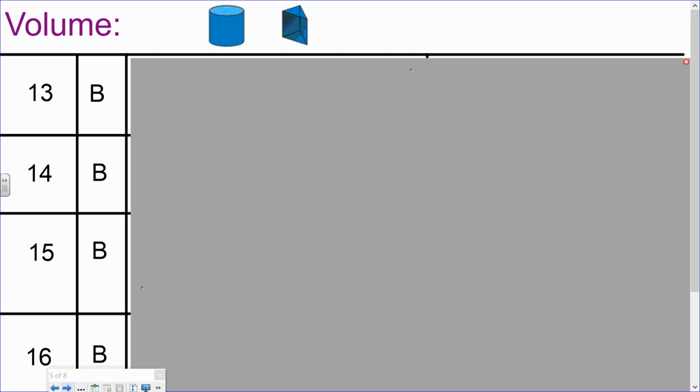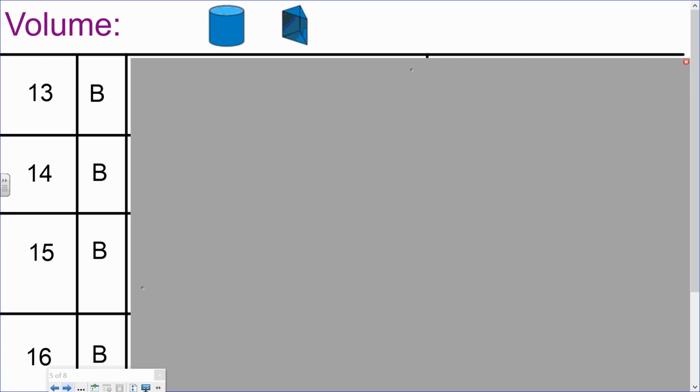So you see up here a couple of shapes that can be turned so that the top and the bottom match. On the left, it looks like a cylinder. It's got a circle on the top and the bottom, and the sides go straight up and down. The second one looks like I can turn it so there's a triangle on the top and the bottom that match, and the sides go straight up and down.